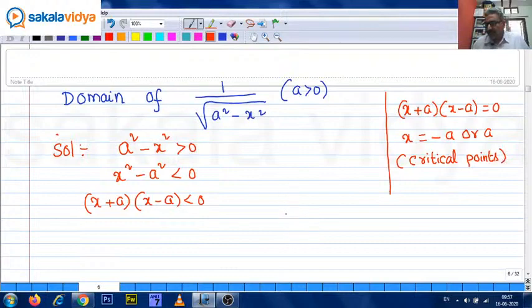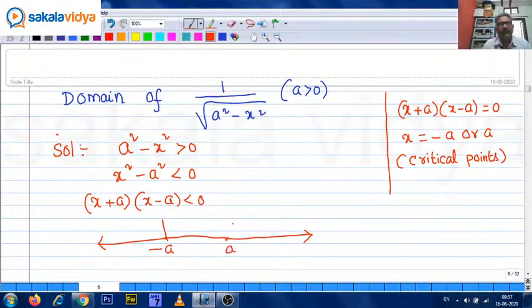So now write number line. This will be minus a. This will be a. 3 intervals. See, this sign will be plus. X minus a power is odd, minus. X plus a power is also odd, plus.